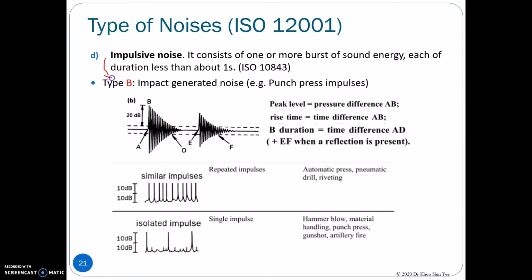The type B impulsive noise is generated due to an impact event, such as a punch press impulse. For example, imagine you have a punch hammer here and you record the sound for this punching activity. When the punch moves and hits the surface here, the sound increases significantly at the beginning, due to the impact hammer connecting to the surface while the surface is oscillating due to the impact.